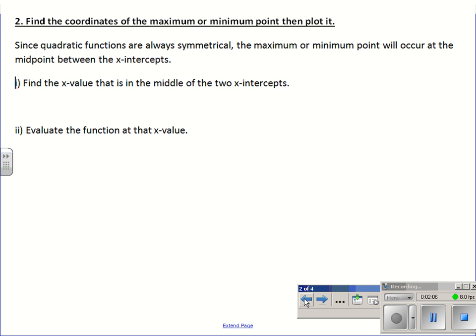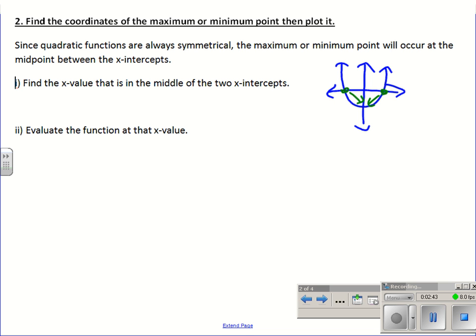Now step 2, we need to find the coordinates of the maximum or minimum point and then plot it. So remember we said quadratic functions are always symmetrical. So if I look at the general quadratic function f of x equals x squared, it's symmetrical. So if we find 2 x-intercepts, like we just did, the maximum or the minimum point is always going to occur directly in the middle of those 2 x-intercepts.